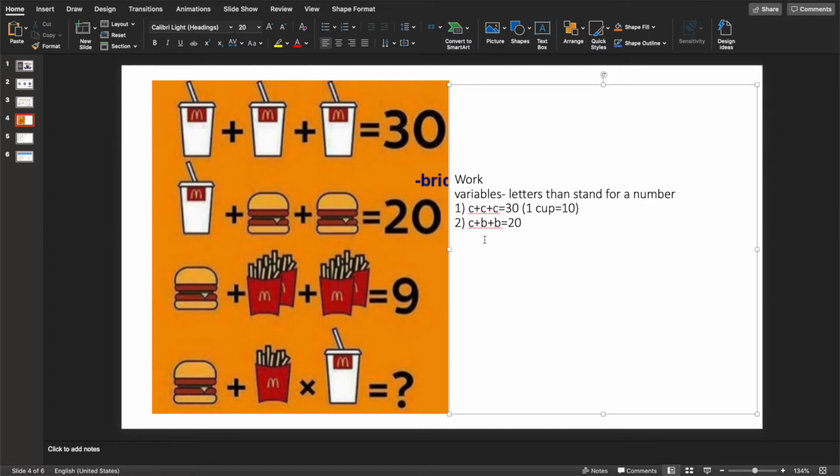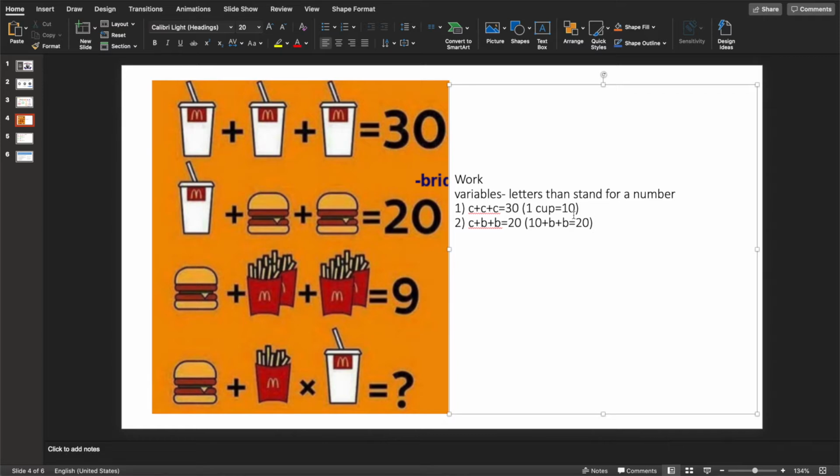So let me see what I can fill out. Do I know what the C stands for? Yeah, the C stands for 10. Okay, so now I have 10 plus B plus B equals 20. I'm asking myself, 10 plus something plus that same number equals 20.